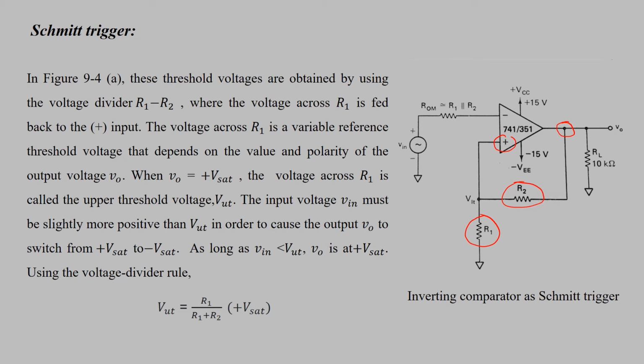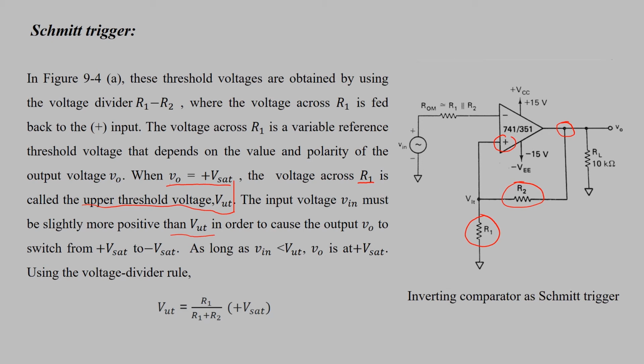When the output voltage is plus Vsat, the voltage across R1 is called the upper threshold voltage VUT. The input Vin must be slightly more than VUT in order to cause the output voltage V0 to switch from plus Vsat to minus Vsat.